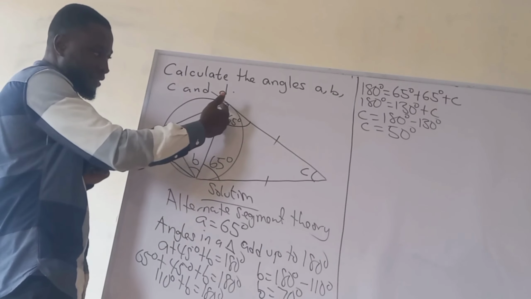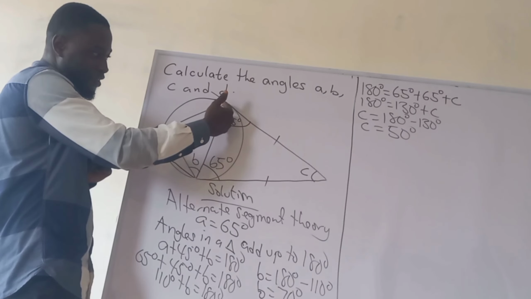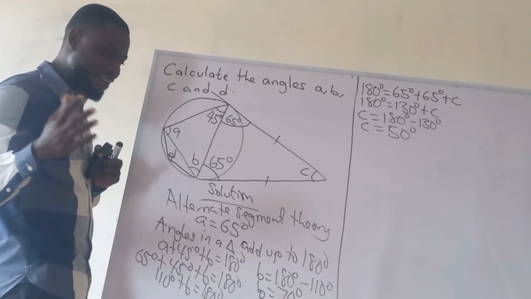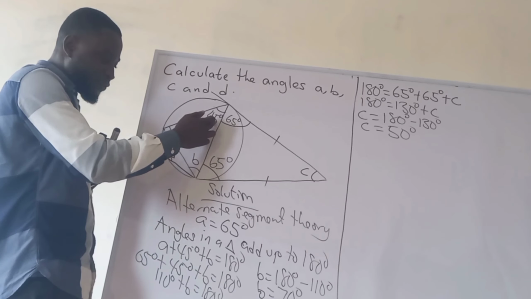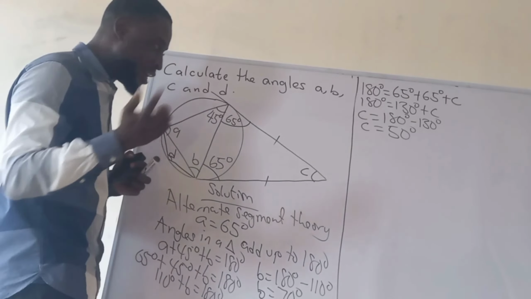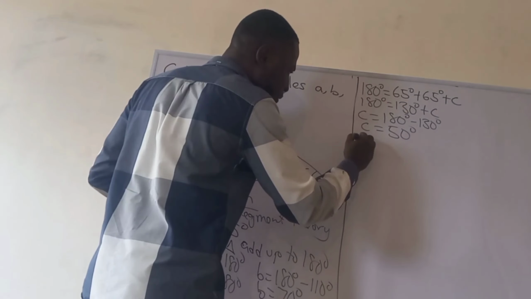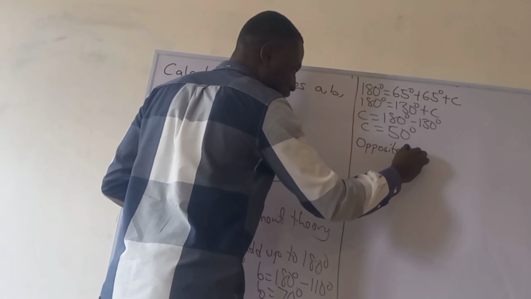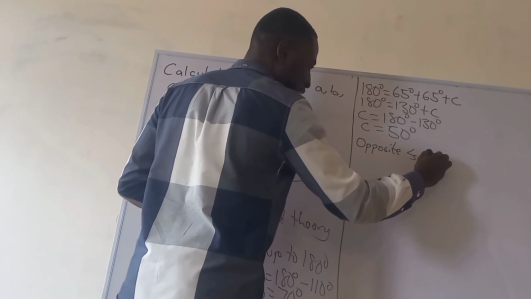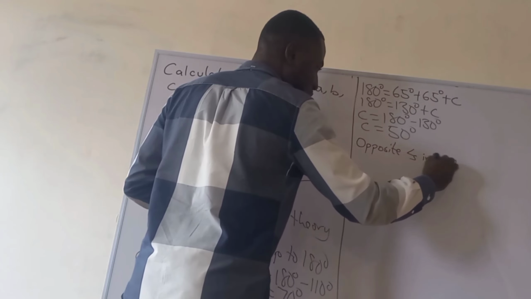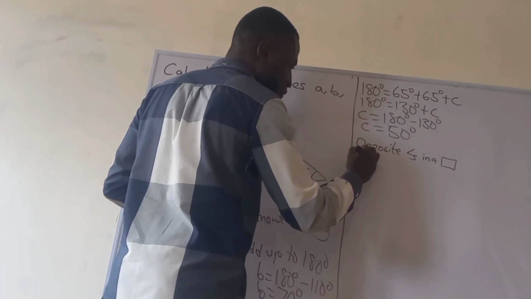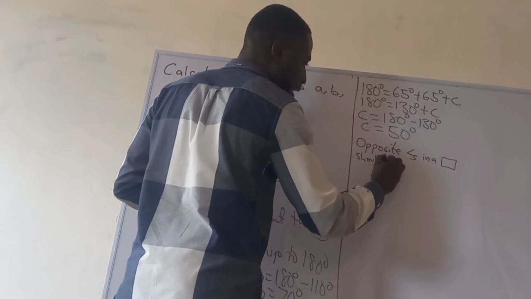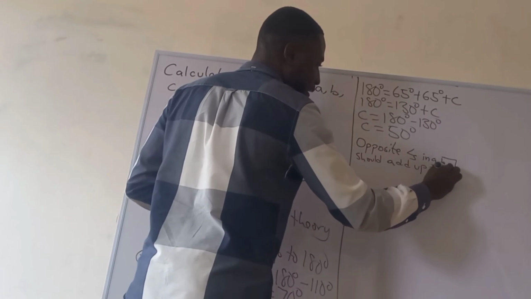So D plus 45 degrees should give me 180 degrees. In this case, I'm finding D. So 45 degrees plus D should give me 180 degrees. Let's do that. Opposite angles in a cyclic quadrilateral should add up to 180 degrees.